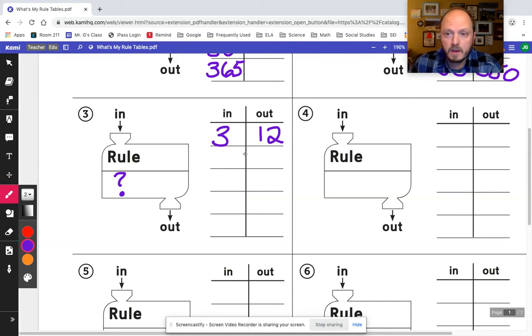We don't know yet. So what if it was, say, for example, 5 and then 20? Would we be able to identify the rule now? Yeah, probably would. It is times 4, right?